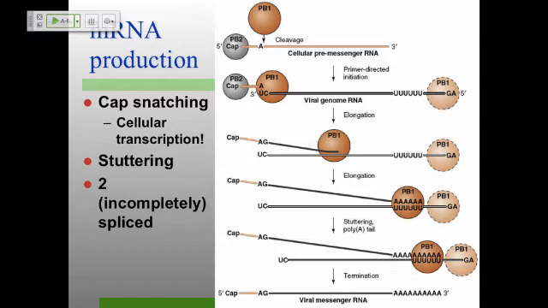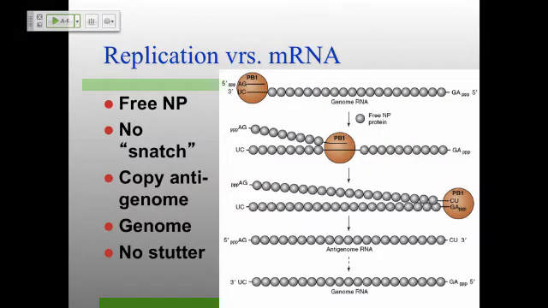That's all well and good, but of course you also need to make genome, right? So how do you make genome? Again, it's very similar to what happens in Paramyxos, rhabdos, and filos. It's all dependent on the amount of your nucleocapsid protein. So if you've got large amounts of nucleocapsid protein around, and this is nucleocapsid protein that's not bound to genome, because you remember when it comes in, it's all bound to nucleocapsid protein.